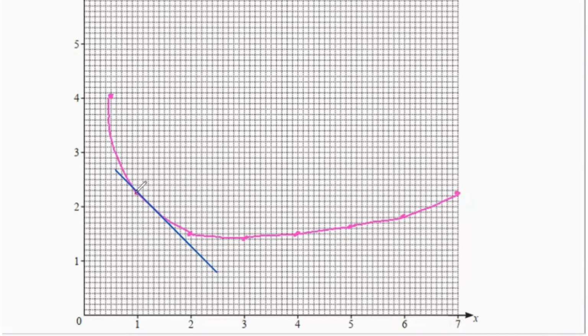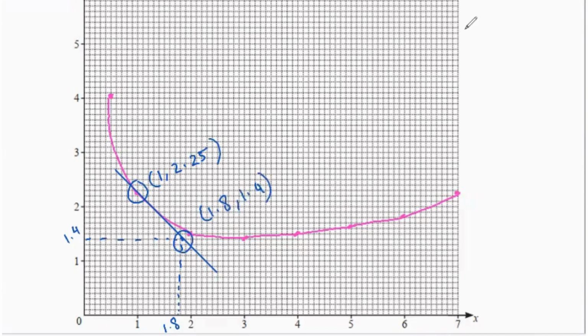This point over here, which was 1 and 2.25. And let's pick this point over here, which is 1.8 and 1.4.